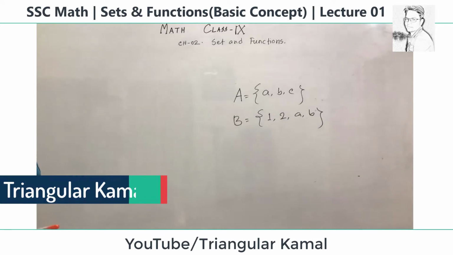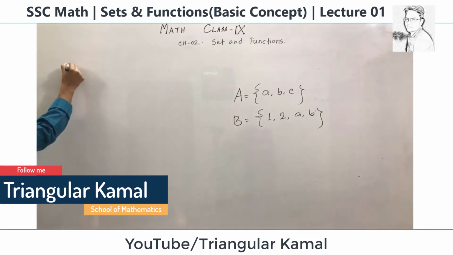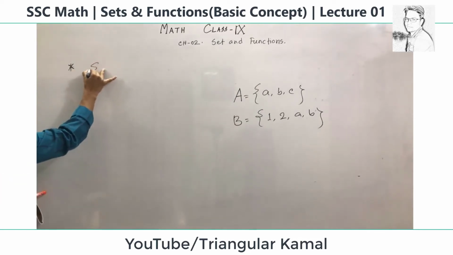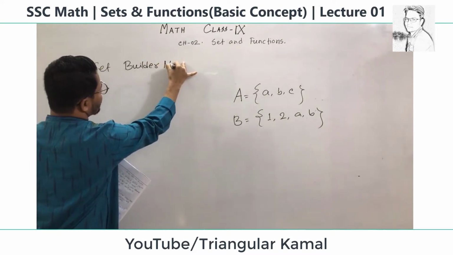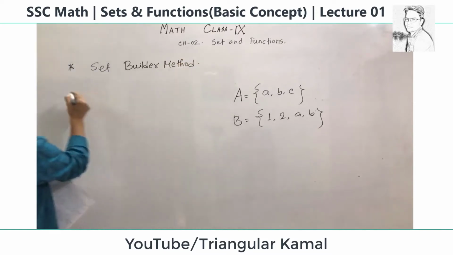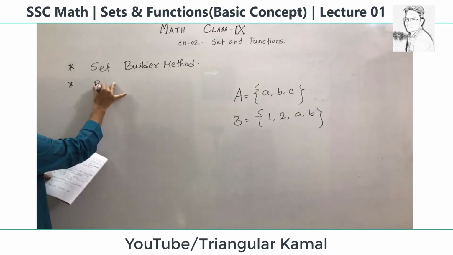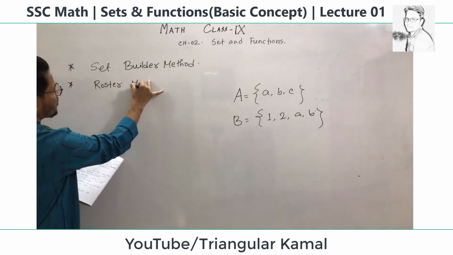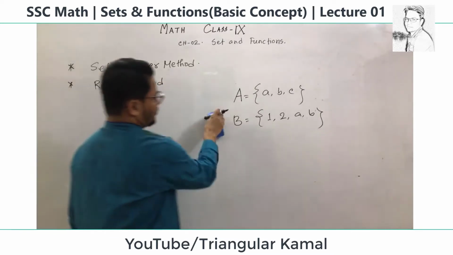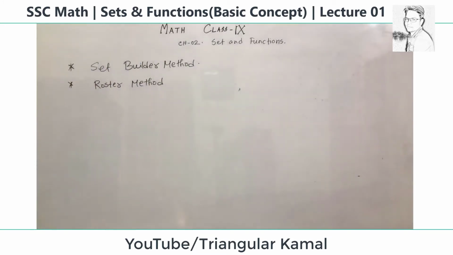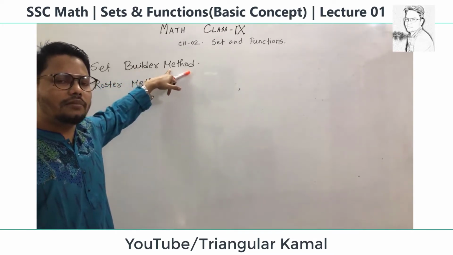So I think there are two types of set representation. The first one is the set builder method, and number two is the roster method. In the set builder method, information is given, but the elements are not given.